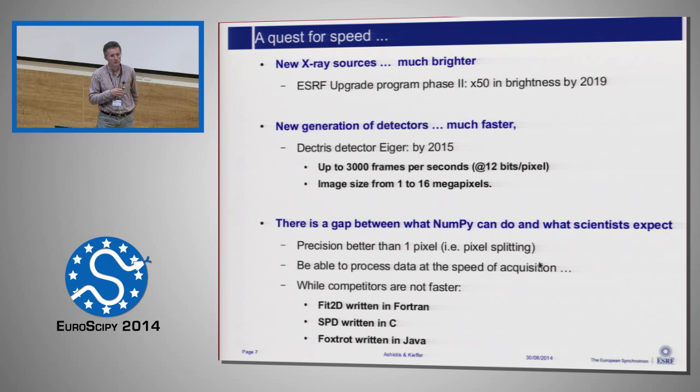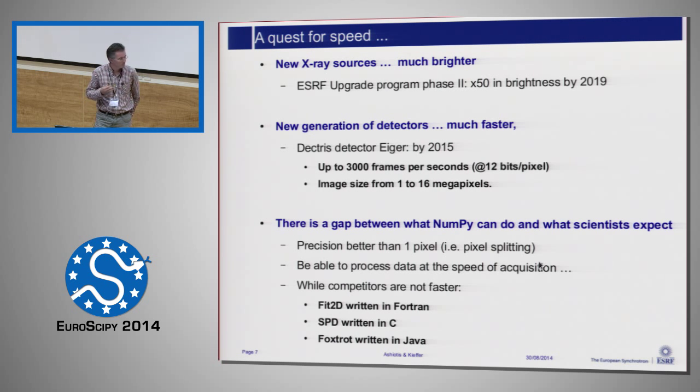The second problem comes on the detector side, but it's really related to the brighter source. We have new detectors arriving at the end of this year that will produce 3,000 frames per second, and each frame is between 1 and 16 megapixels. So a very, very high data rate, and our programs should be able to cope with this.